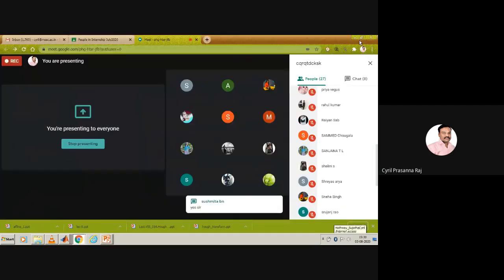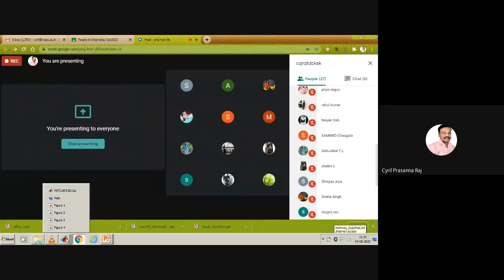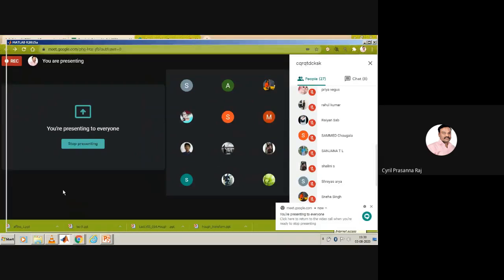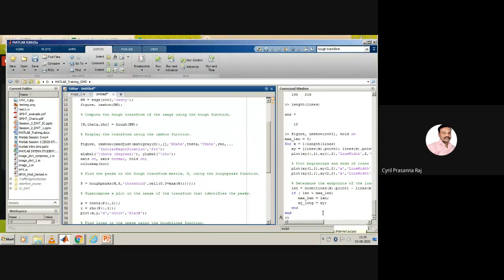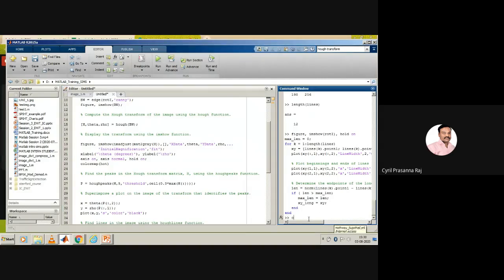So keeping this in mind, let us see how to build your Hough transform. To understand Hough transform, what we can actually do is, I'm just opening MATLAB here.